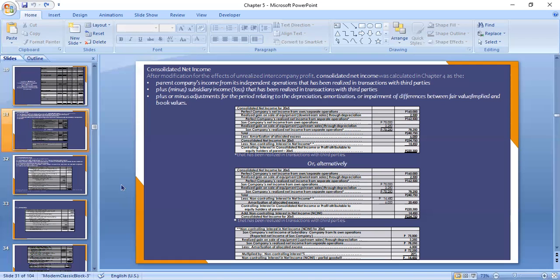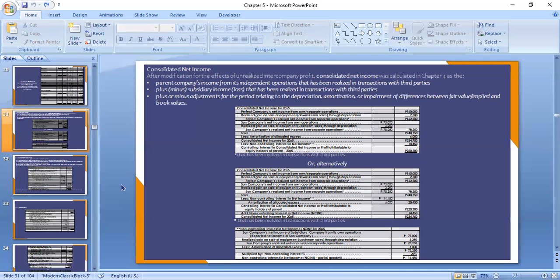So for the determination of consolidated net income for 20x5, we begin with the net income of the parent from its own operations. Then we add realized gain on sale of equipment for a downstream sale through depreciation, giving the parent company's realized net income from separate operations.